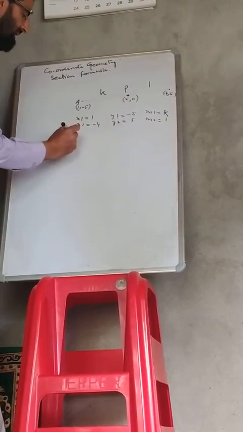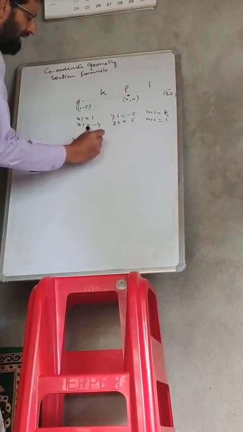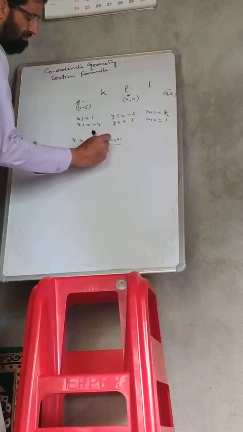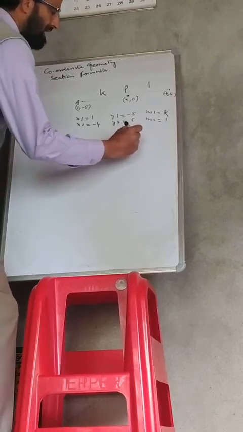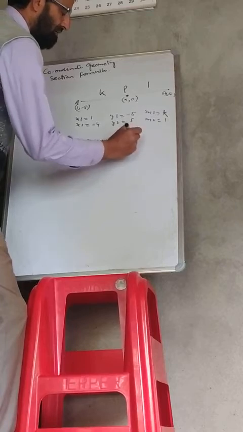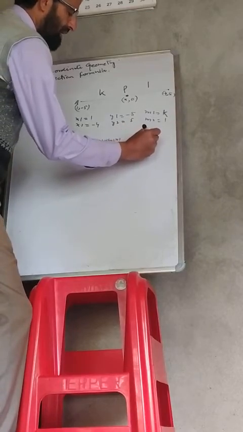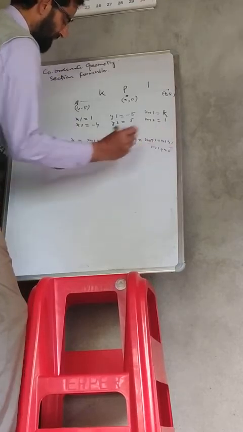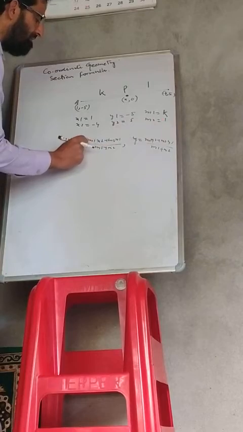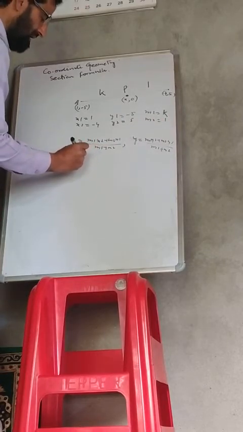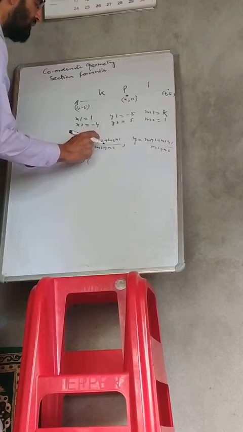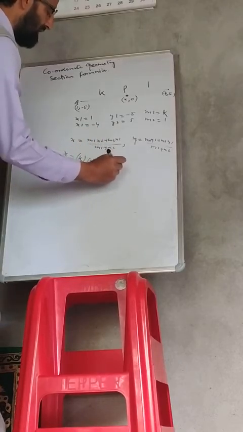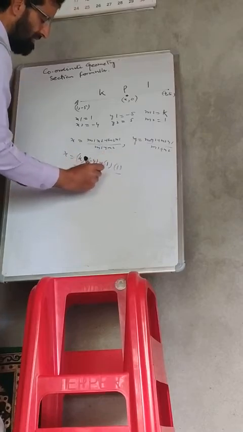Again this x is equivalent to m1 x2 plus m2 x1 divided by m1 plus m2. Similarly this y is equivalent to m1 y2 plus m2 y1 divided by m1 plus m2. Here x is equal to m1, what is m1? It is k, into x2 which is minus 4, plus m2 which is 1 and x1 is 1, divided by k plus 1.